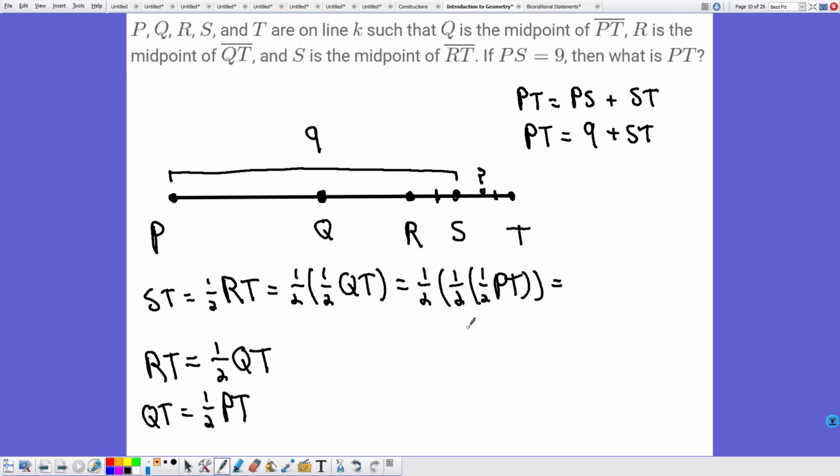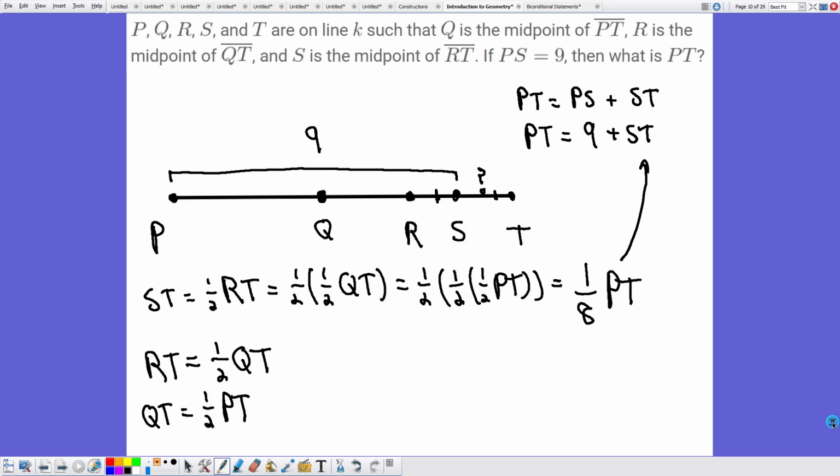And 1/2 times 1/2 is 1/4. Times 1/2 again is 1/8. So ST is equal to 1/8 of PT. Okay, that's something that's useful. Why? Because now I can replace ST in the equation over here with 1/8 PT.